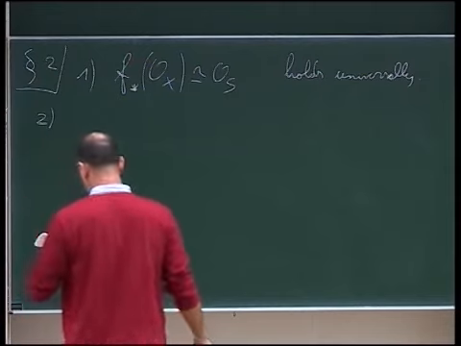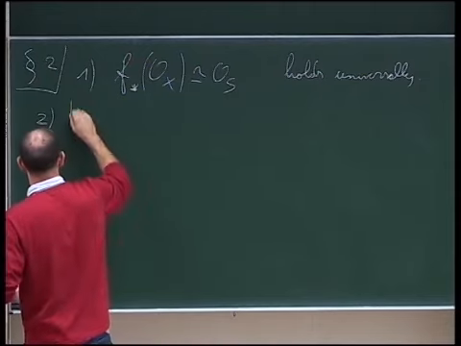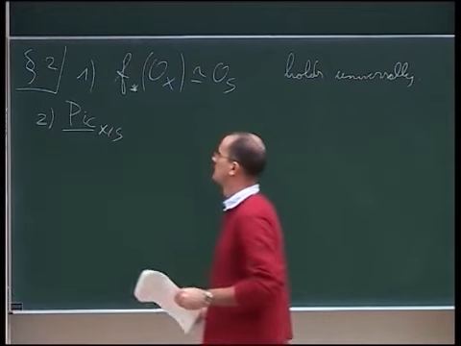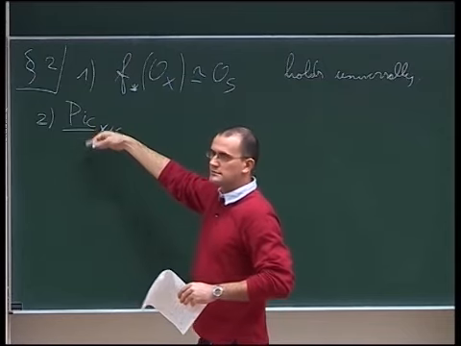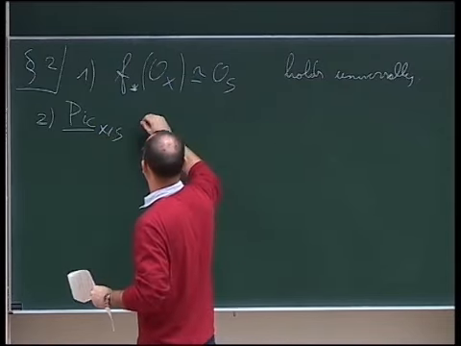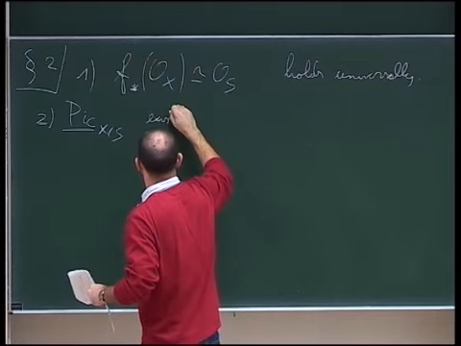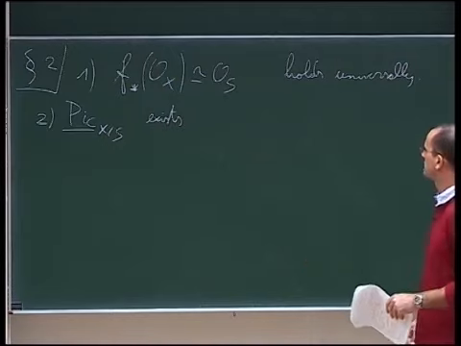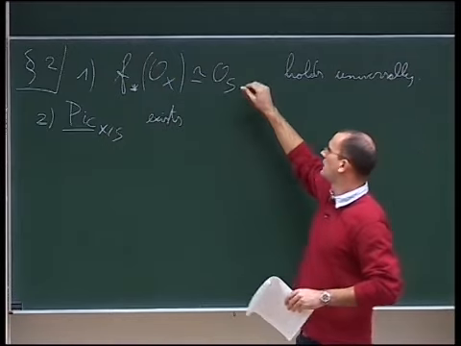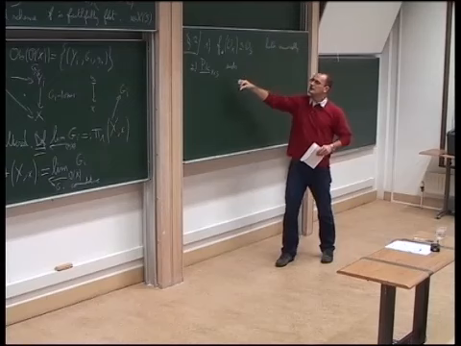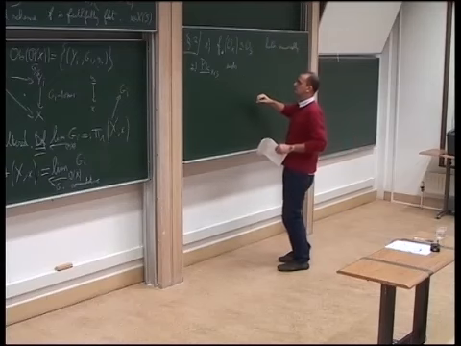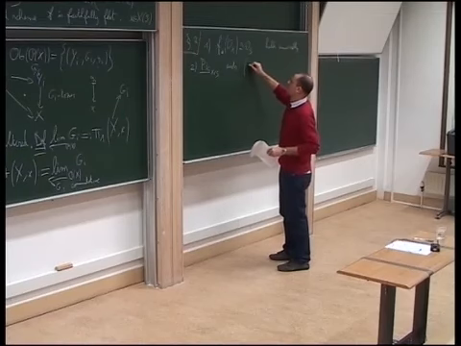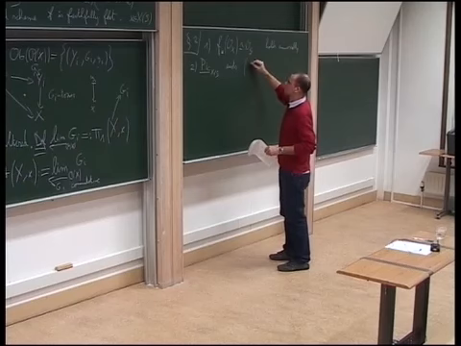Then I always ask the strong condition that the Picard scheme, which I write like this, exists. I don't say almost anything on the Picard scheme, but thanks to this assumption, if it exists, it represents the relative Picard functor.